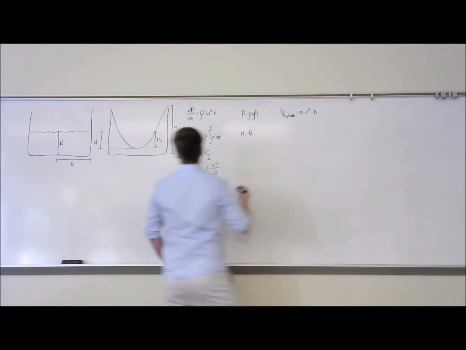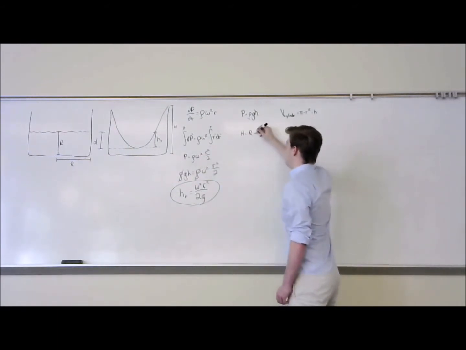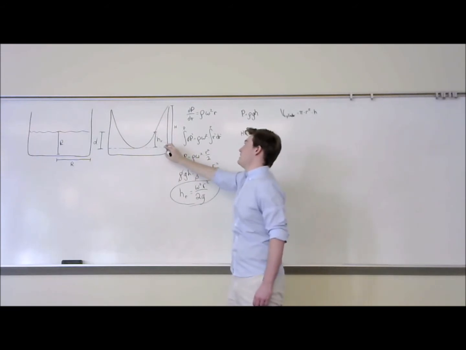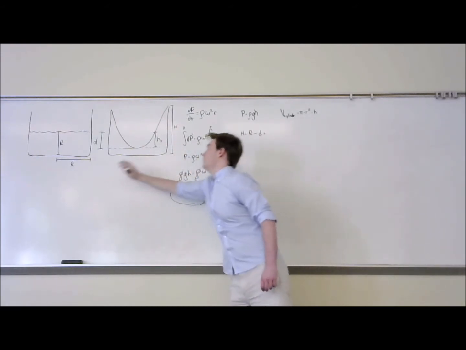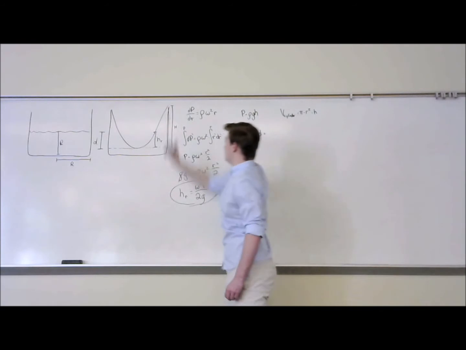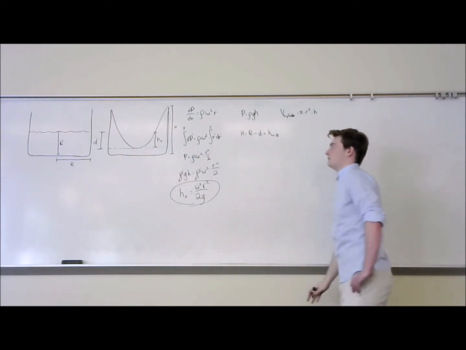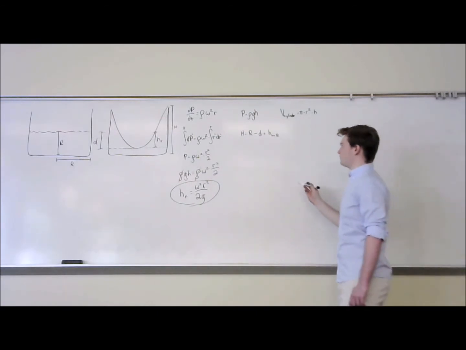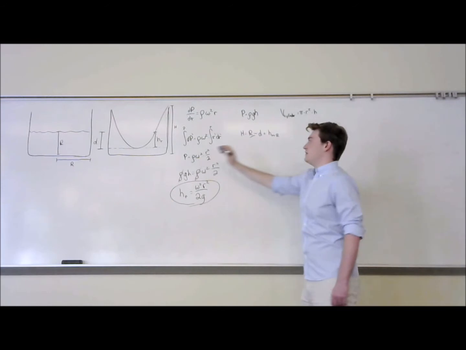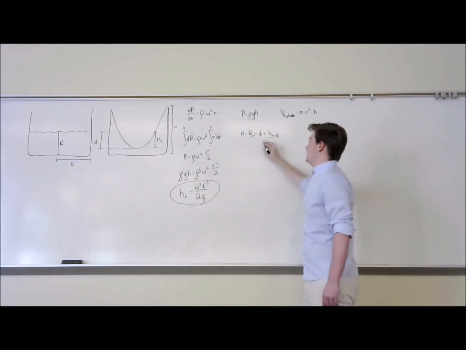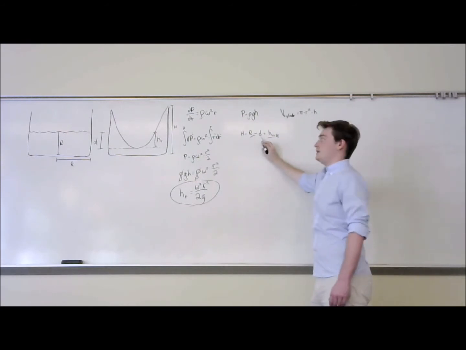So we have R minus d, the dip, plus the height at a given radius, but we want our radius to be big R, so plus h at r equals big R, equals the total height. That's what we want to solve for. We know this R was given in the problem, and we just solved for this h right here. All we want to do now is find the dip.